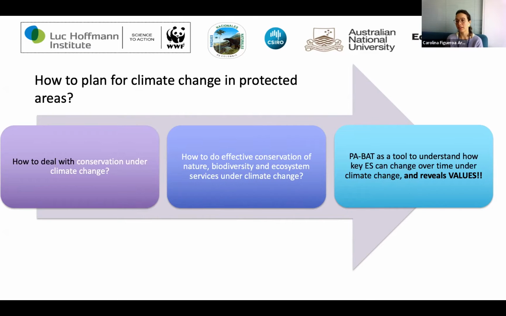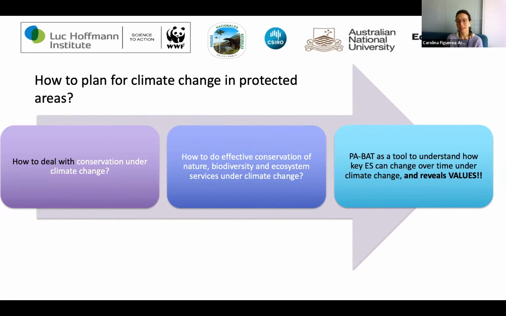And as you know, the trend is that we are seeing these glaciers reducing over time. And we estimate that in the next 20 years, hopefully not, hopefully science is wrong, but very possibly in the next 20 years, we won't see any snow on those peaks. When we did this analysis with the PA-BAT, people realized that one of the values is a scenic value, and it also creates an identity value of people with those types of ecosystems, and it's going to change.